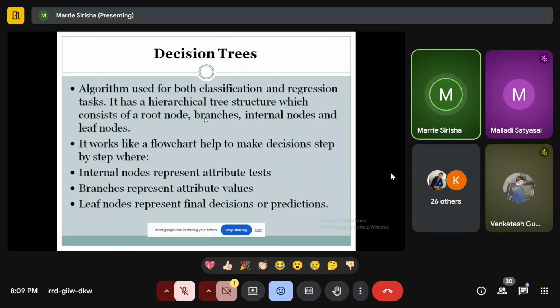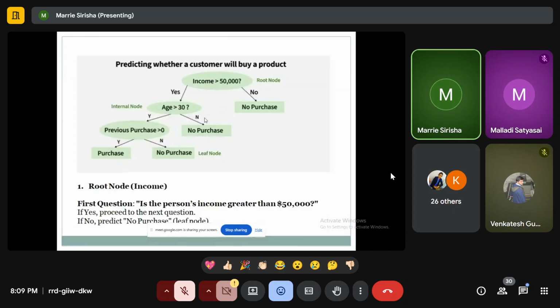As I told you, decision tree itself says that it is a tree-like structure, and it helps in making the decision, right? So, internal nodes, what is an internal node? It represents an attribute test. You'll be able to understand more if I show you with the help of a diagram. Internal node means it is somewhere in between, intermediate from the root node to the leaf node.